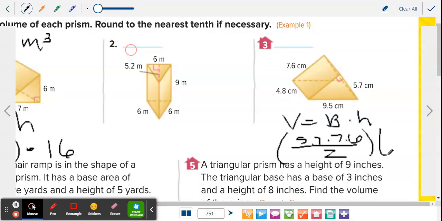And now what is the height of the entire thing? Usually it's right here. So it's going to be part of that rectangle on the side. 4.8. So go ahead and do 5.7 times 7.6. Divide that by 2, and then multiply that by 4.8. Raise your hand once you have it.